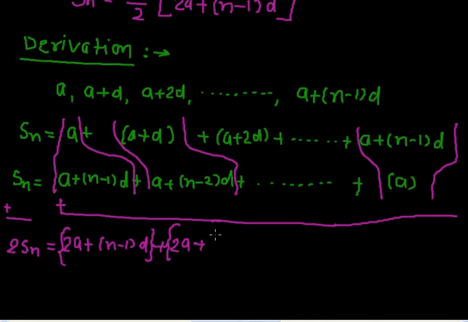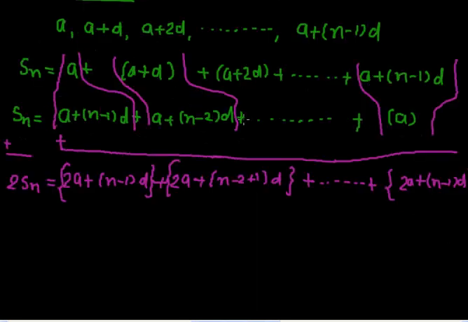I am writing these two coefficients one by one, (n minus 2 plus 1) whole multiplied by d, and when I add the last terms, we get 2a plus (n minus 1) whole multiplied by d.